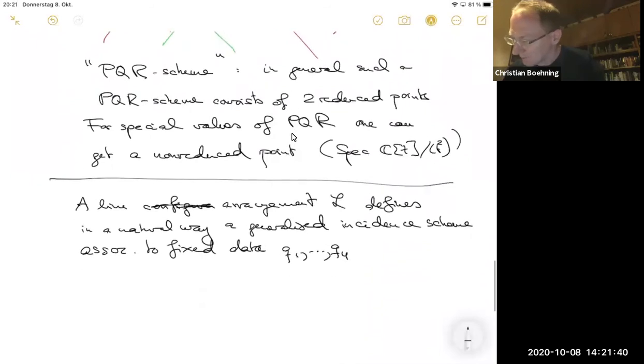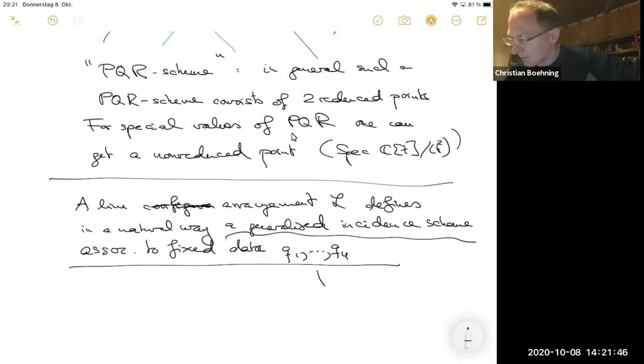And I want to call such a generalized incidence scheme that is associated just to these 4 points as fixed data, simply an incidence scheme without any other attributes.